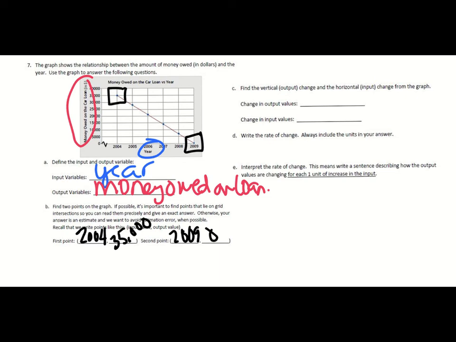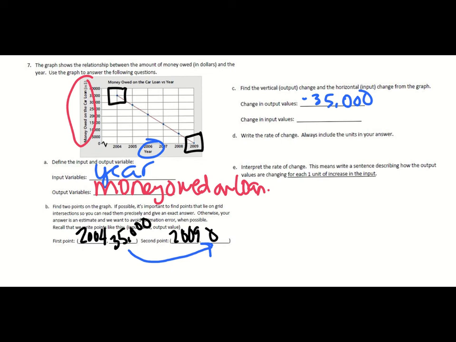So then it says find the vertical change and the horizontal change from the graph. My vertical change, I went from 35,000 down to 0. So I went down $35,000. That was my output.